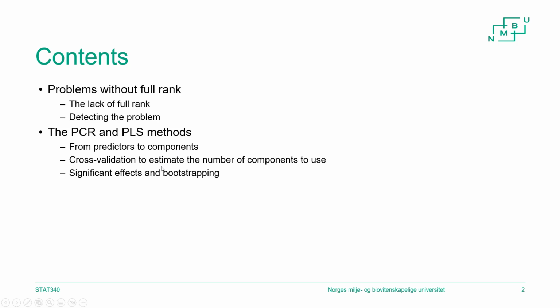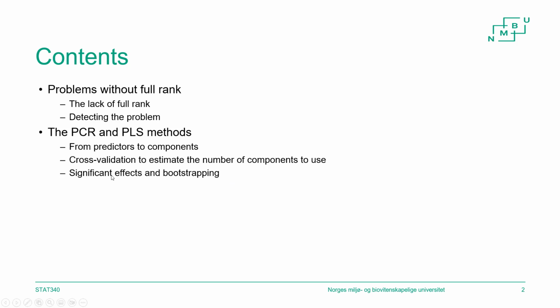And then cross-validation, we saw that last week, we will see that again here now. And finally, how do we sort of find the significant effects using these methods here? And that is not really straightforward, because they are not really built for that purpose. But I was thinking that this is a proper occasion for us to introduce bootstrapping.